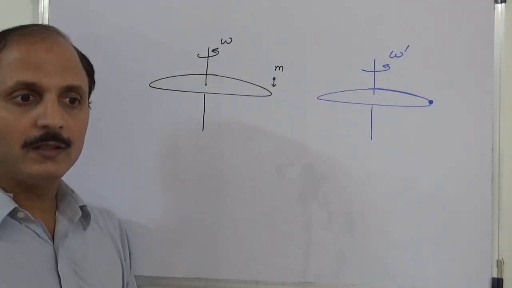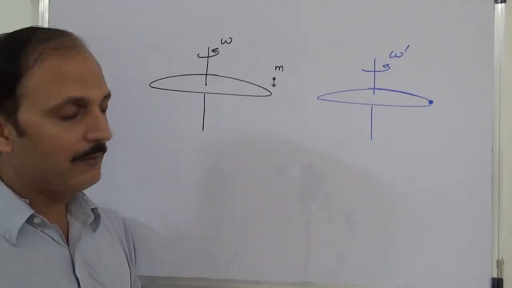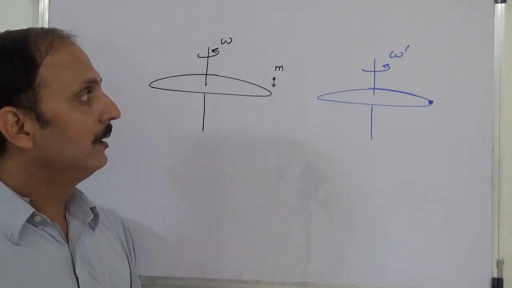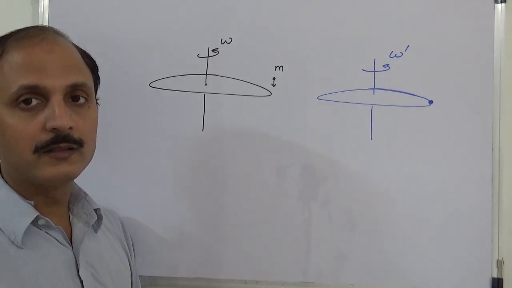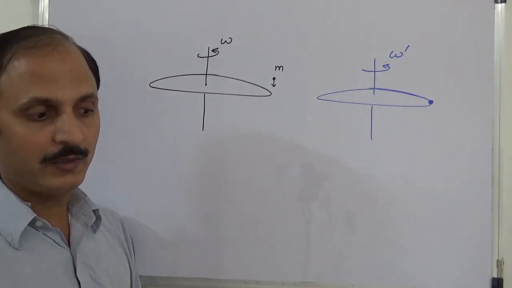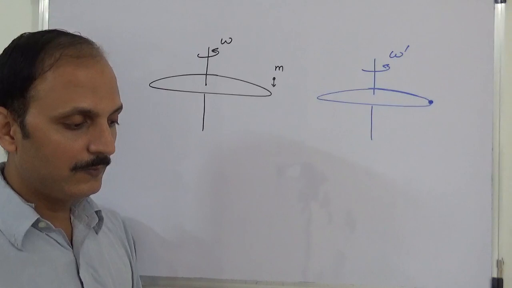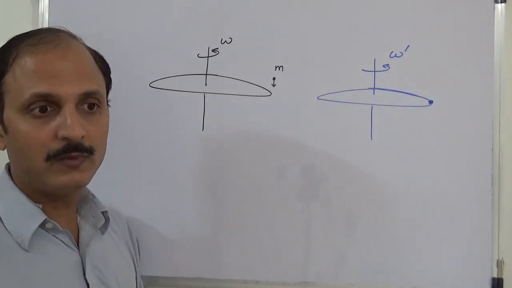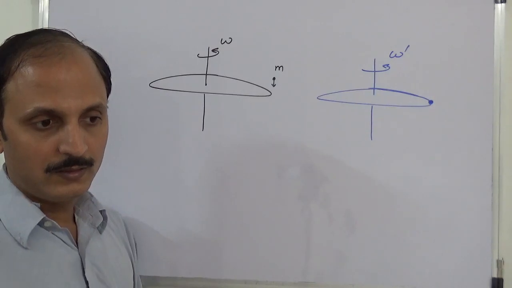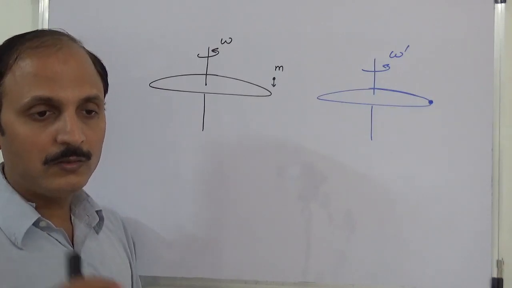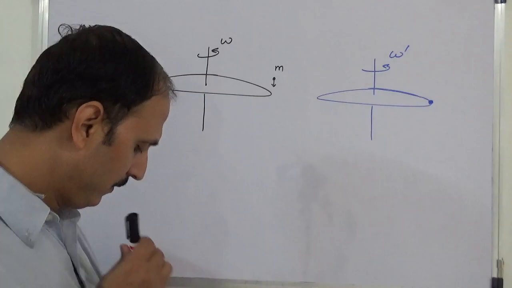So let's see, first of all, what is my system? In my system we have the disk and the mass small m. Now you have to draw the FBD for practice.